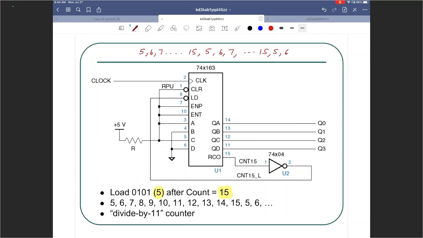So in this particular example, we are using the same 74X163 chip, but with a slightly modified output counting sequence.